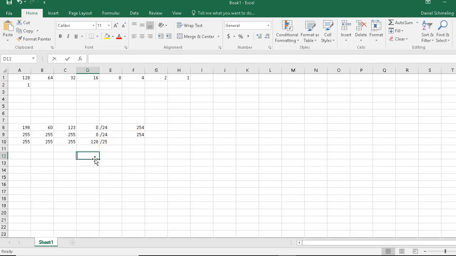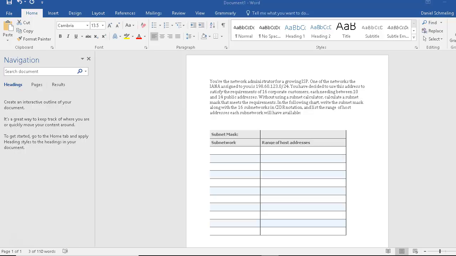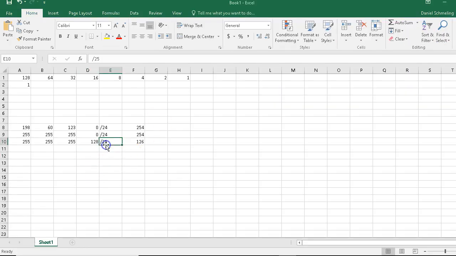If we take 254, which is what's usable, minus 128, we have 126 IP addresses that we can use here. But our question is asking for us to break it down into about 10 to 14 for 16 customers. So we have to keep going. A /25 doesn't satisfy that.